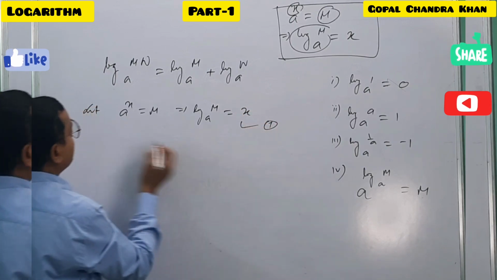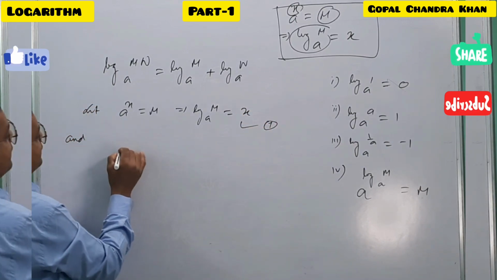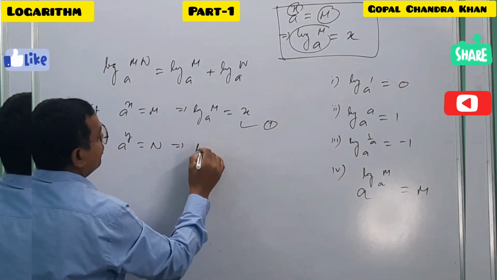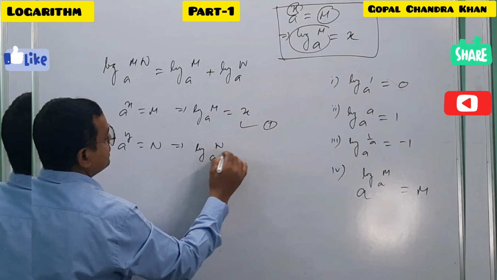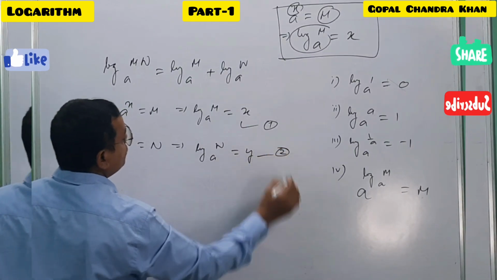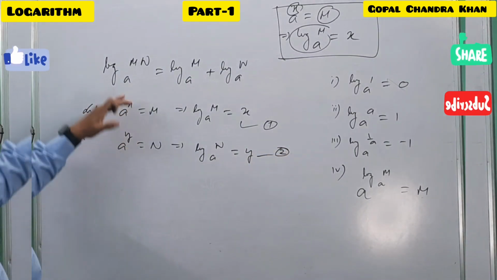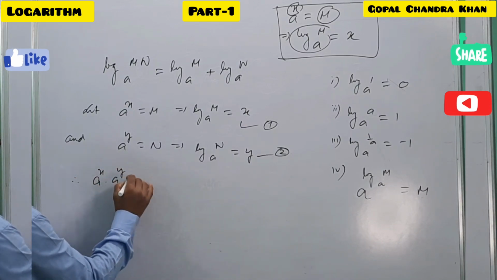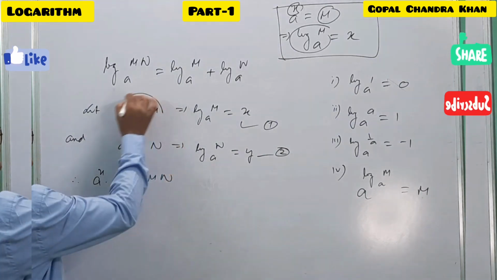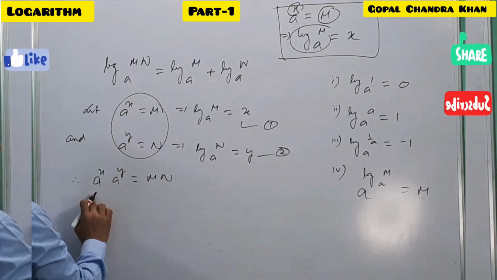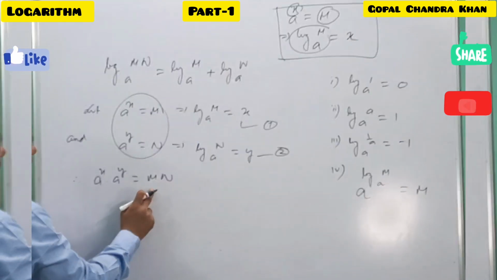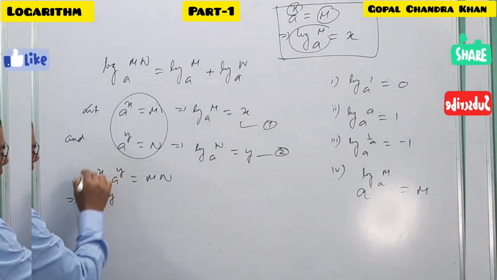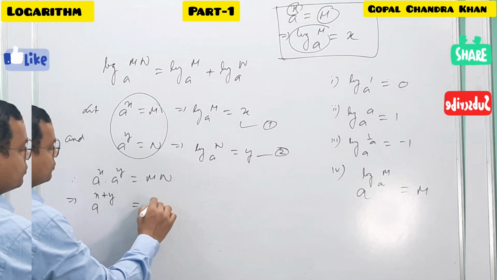It's number 1, and you take a to the power y equals to n, that gives from the formula log n base a equals to y, that is number 2. Now if I multiply these two, can I write a to the power x into a to the power y equals to m into n? These two we are multiplying, left side, right side. Now what you are getting, a to the power x plus y by the indices rule equals to mn.